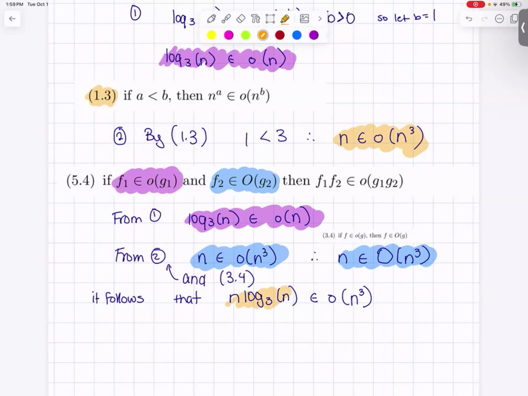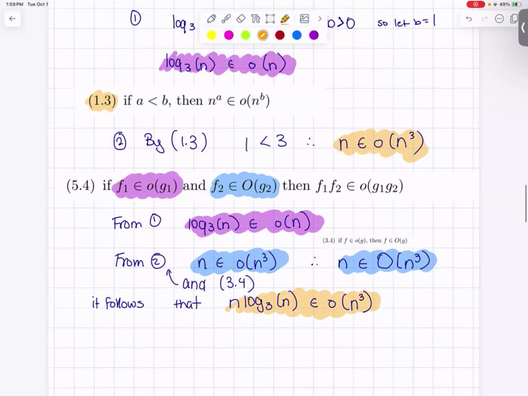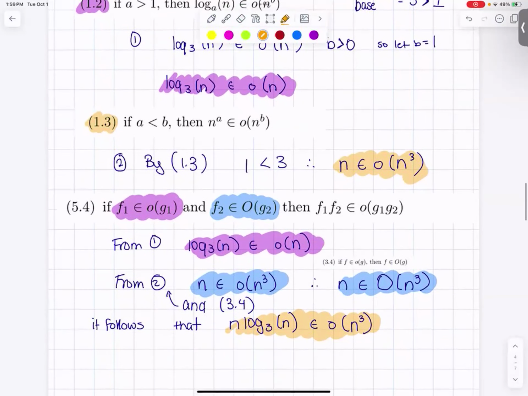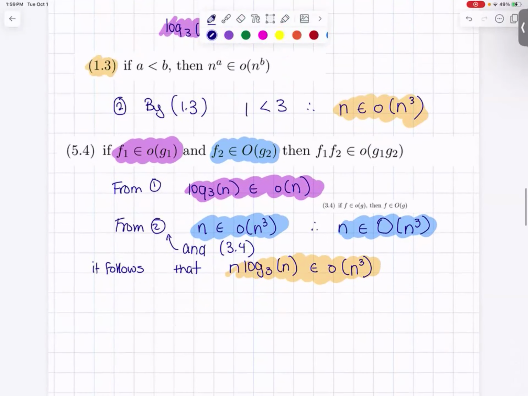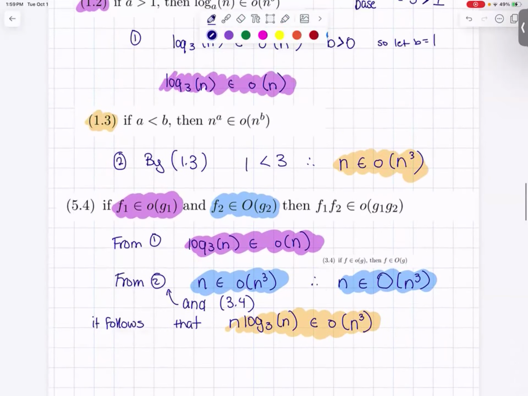Now, I will say that I notice one little discrepancy here, which is that if I would have proven both in n cubed, like n cubed times n cubed, this step here should have been 1 less than 2, which would allow me to do this. n is in little o of n squared.